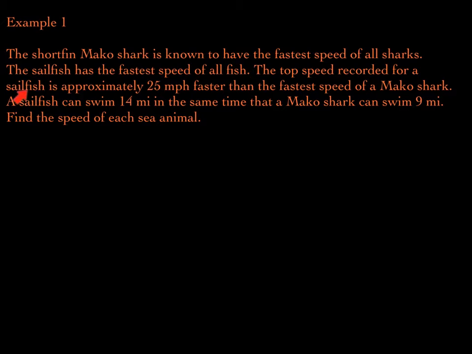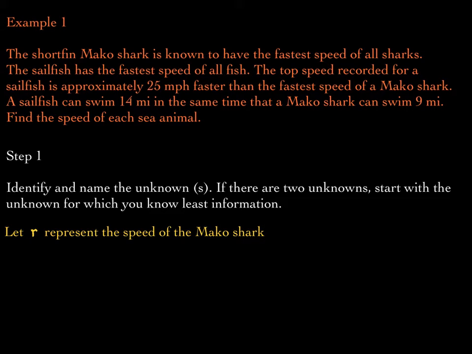The sailfish or the mako? The mako shark is what you know least information about, because they gave you some information about the sailfish. They said the sailfish is about 25 miles per hour faster than the mako. The mako shark is the sea animal that you know least information about. So that's the unknown that I will begin to name.